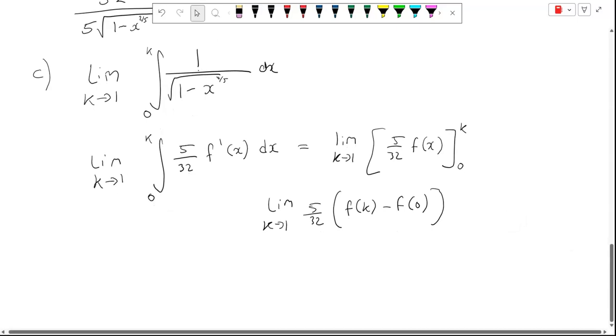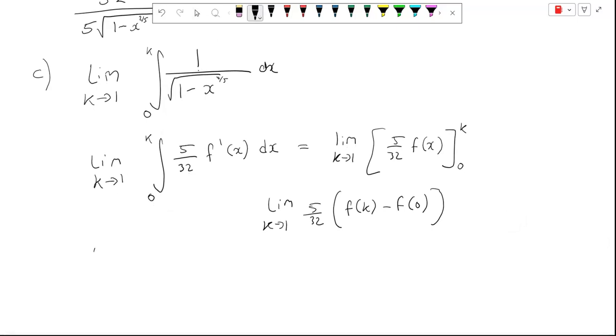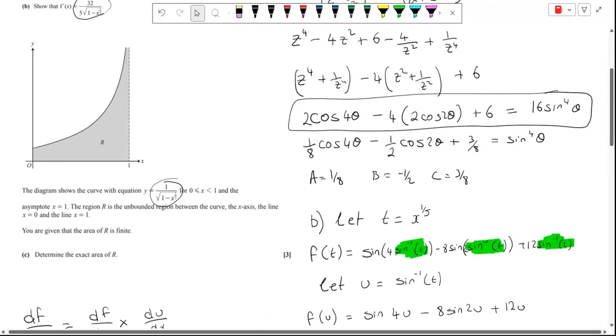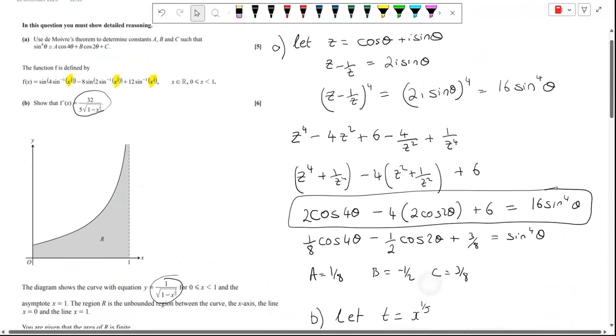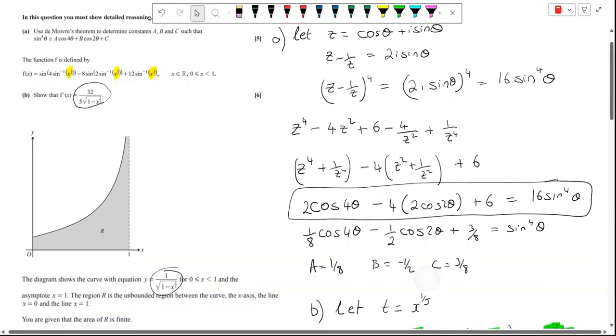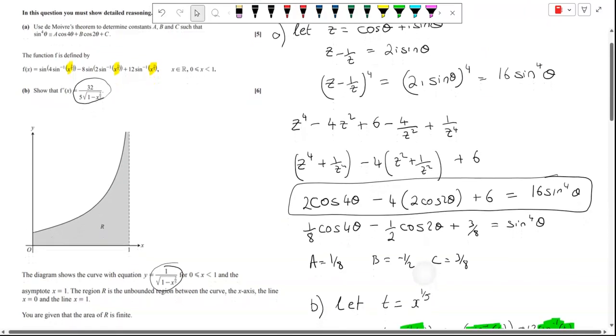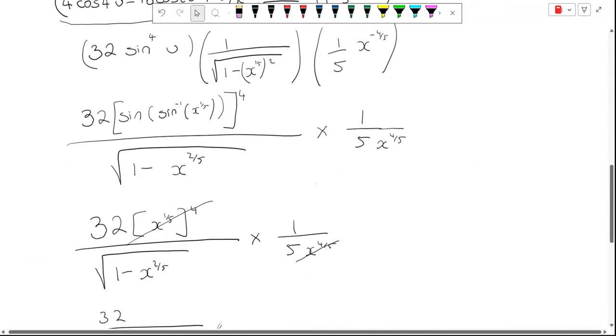Well, f of 0, if I just plug 0 into my function, x is 0, sine inverse of 0 is going to be 0, so all of these are going to be 0, and so I'm going to be taking sine of 0, which is 0.